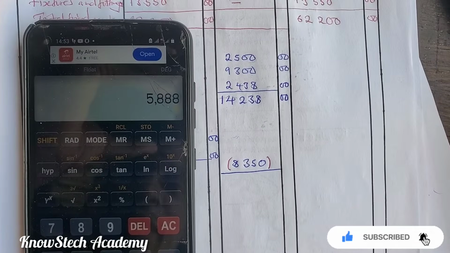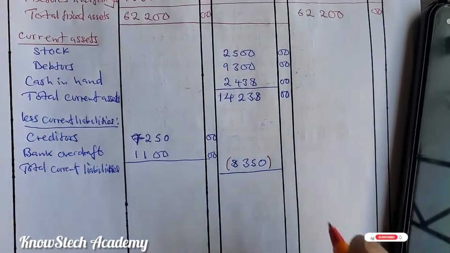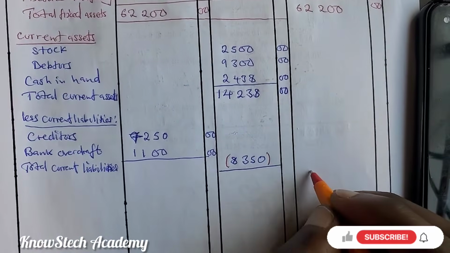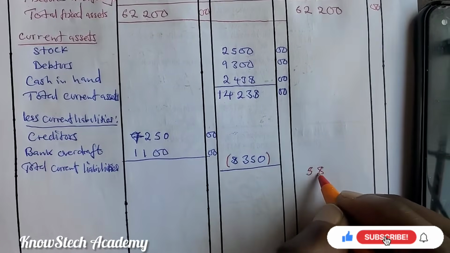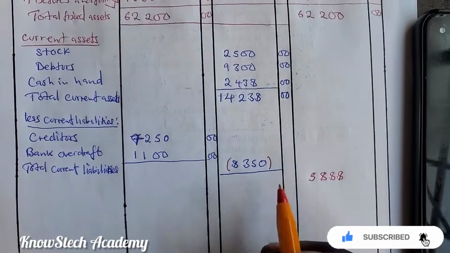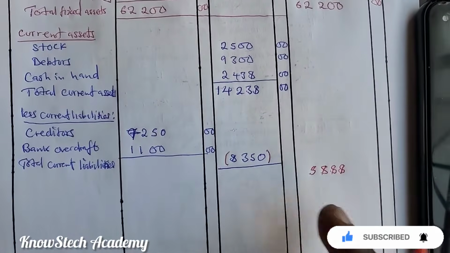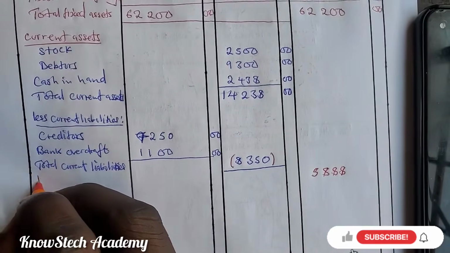So it's giving us 5,888. So this amount comes to the last column here as 5,888. So this amount here is called the working capital.